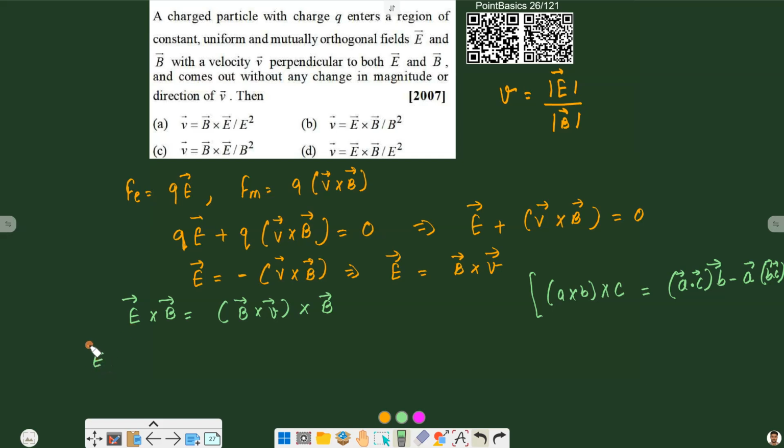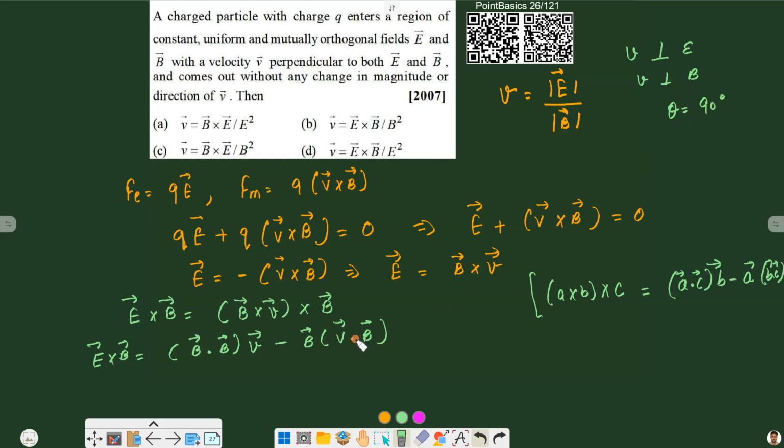So E cross B will be, first V is out, so we will have B dot B into V, minus, then this B will be out and we will have V cross V dot B. Now, as we already know that velocity is perpendicular to both electric field and magnetic field, the angle between them is 90 degrees.